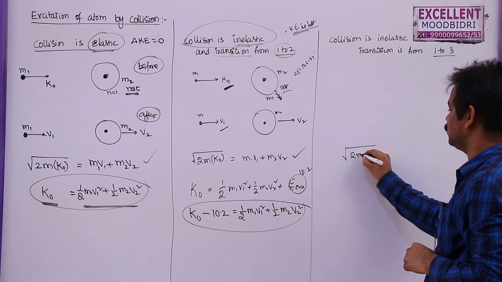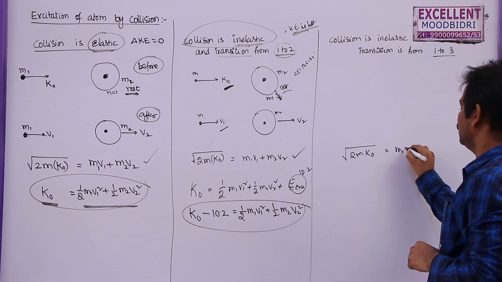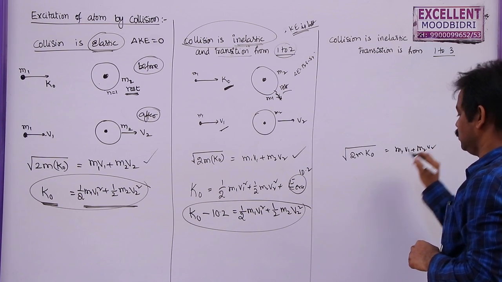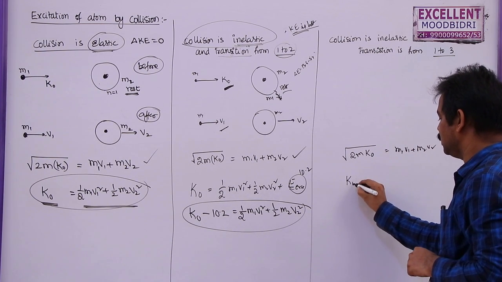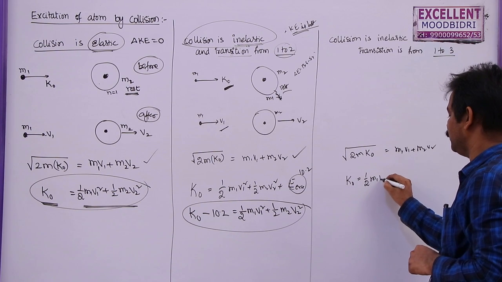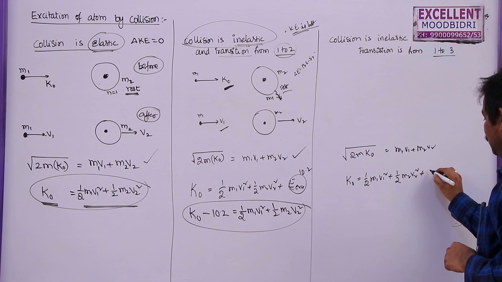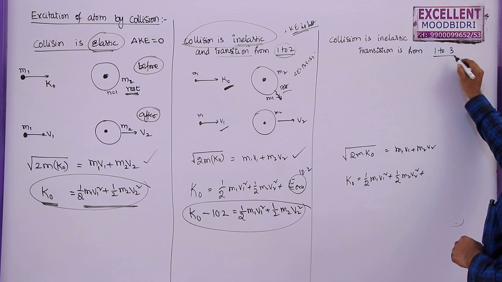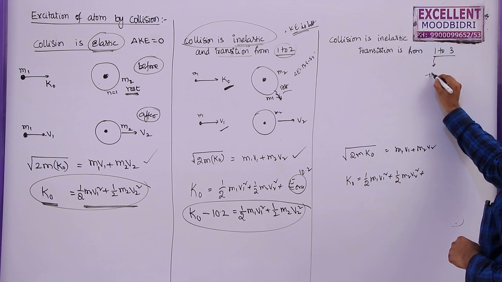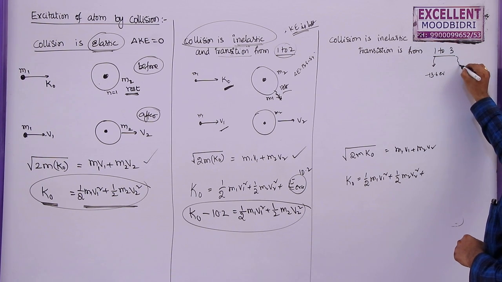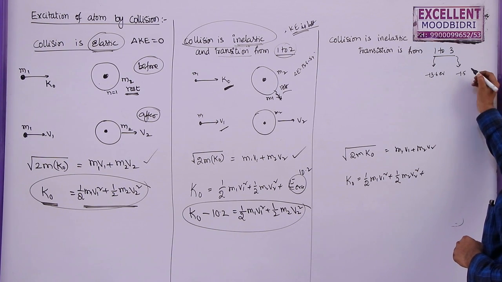this will be root over 2m K naught remains as m1 v1 plus m2 v2, but this K naught will be half m1 v1 square plus half m2 v2 square plus, for the electron to jump from first orbit to third orbit, first orbit energy is equal to minus 13.6 electron volts, third orbit energy is equal to minus 1.5 electron volts.